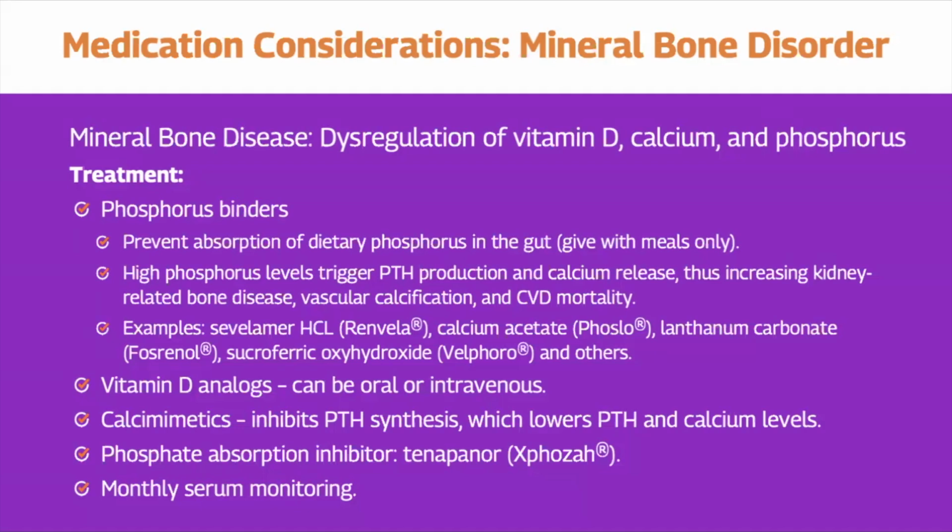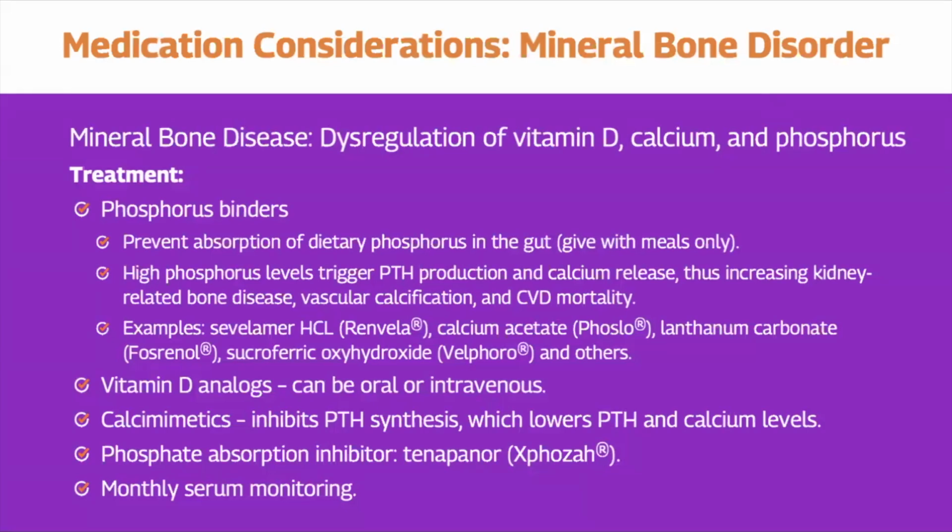Bone disease is treated with phosphate binders, and you see here on the slide that the phosphate binders are given with meals. High phosphorus levels trigger, besides calcium release, PTH production, thus increasing the kidney bone-related bone disease, vascular calcification, and cardiovascular mortality.